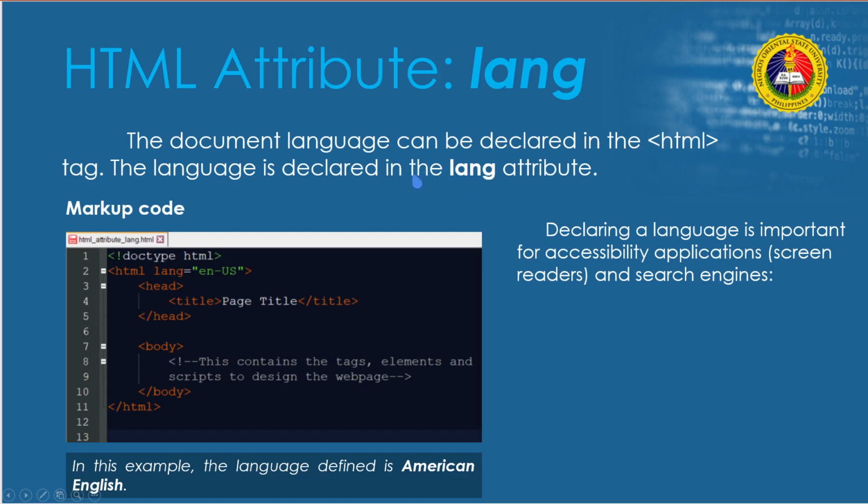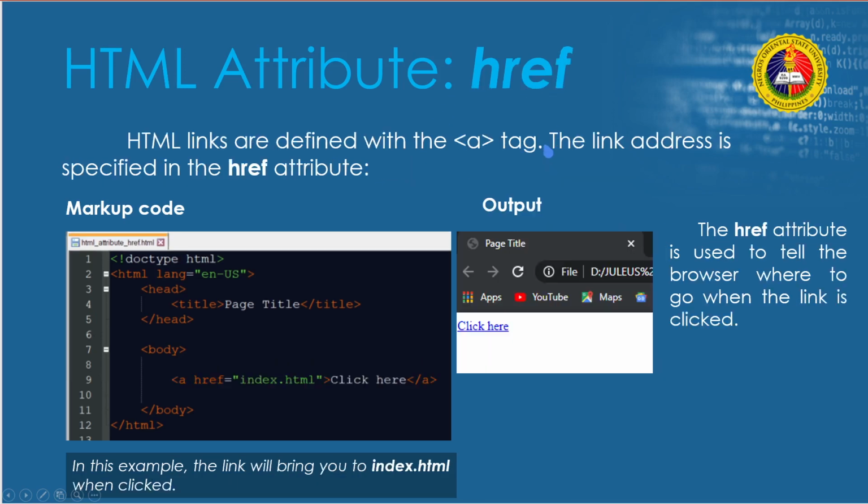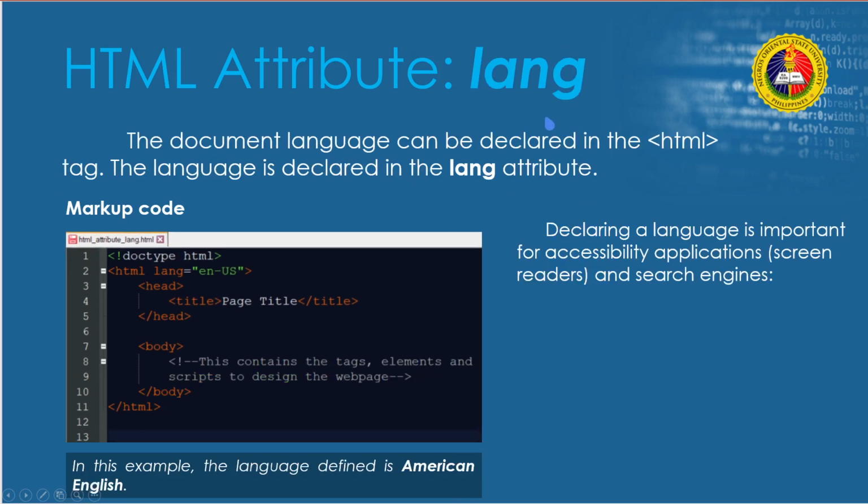So the reason why most websites will declare language, will add the attribute language, is to make sure that the browser already knows that the language that will be used is, for example, English, and that enhances the SEO, the search engine optimization.